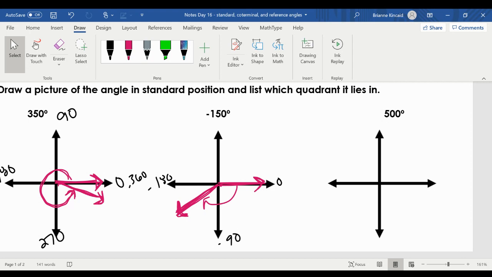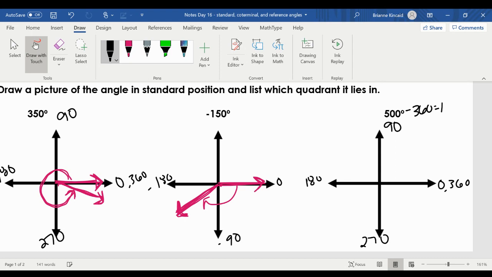The last one is a little bit tricky because if you label your quadrantal angles, you'll see that 500 is bigger than each of them. That means that you've gone around once plus a little bit more. So if I do 500 minus 360, that's going to give me 140. I'm going to draw a 140 degree angle.